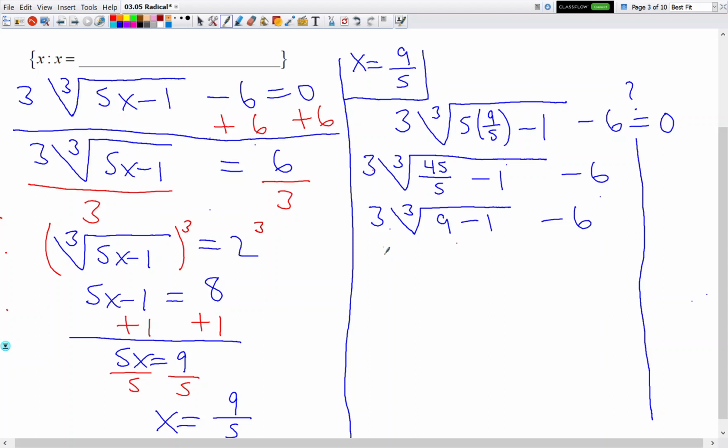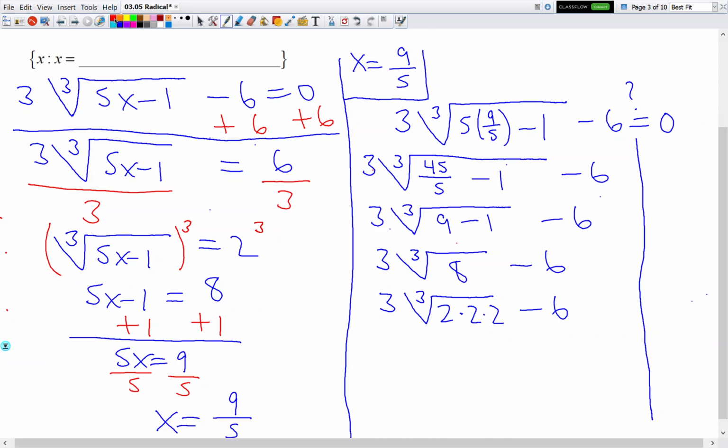Okay, so let's keep on playing with the numbers. 3 times cube root of 8 minus 6. And then you want to break apart that 8 into a bunch of smaller numbers so that hopefully you have 3 matching numbers. Then you can circle it. So 3 on the outside, cube root. Let's break apart that 8, a number that we've been breaking up a lot recently. So 8 is known as 2 times 2 times 2. And then minus 6 on the outside.